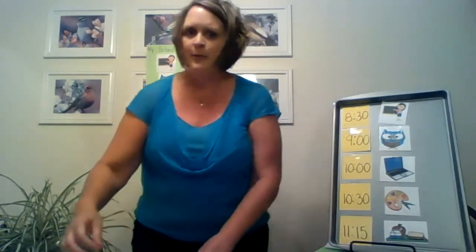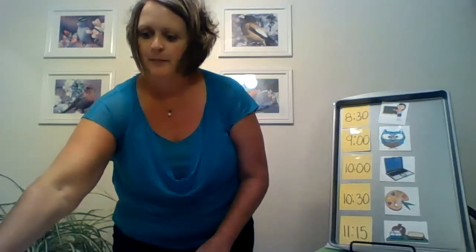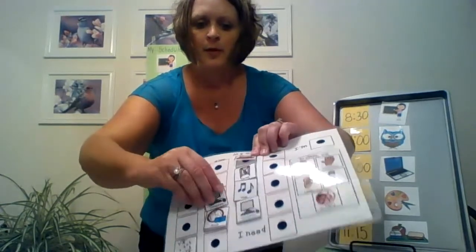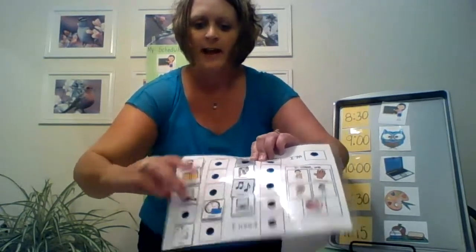And finally, if you have a special needs child, you might have this type of visual schedule. Where these icons may be familiar to that child, and they may use those in the classroom.